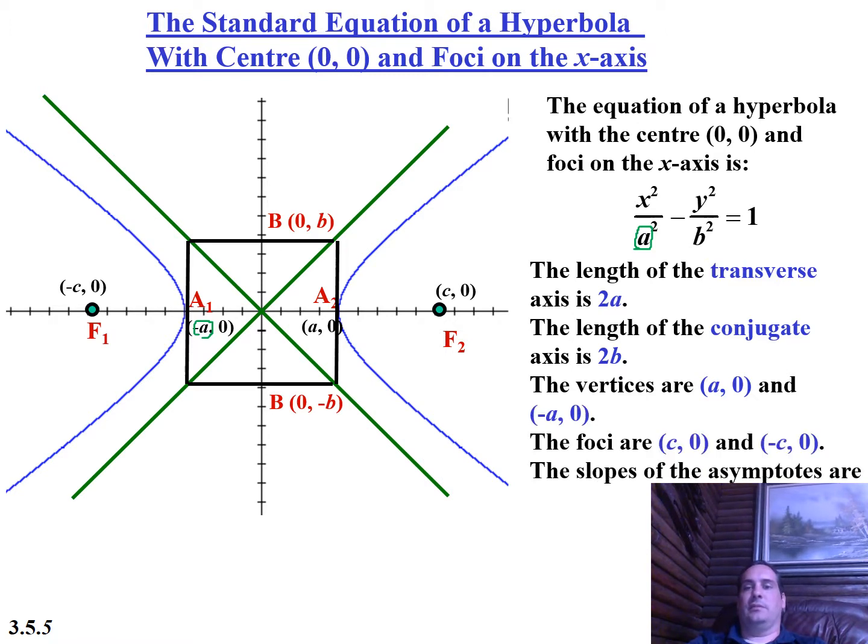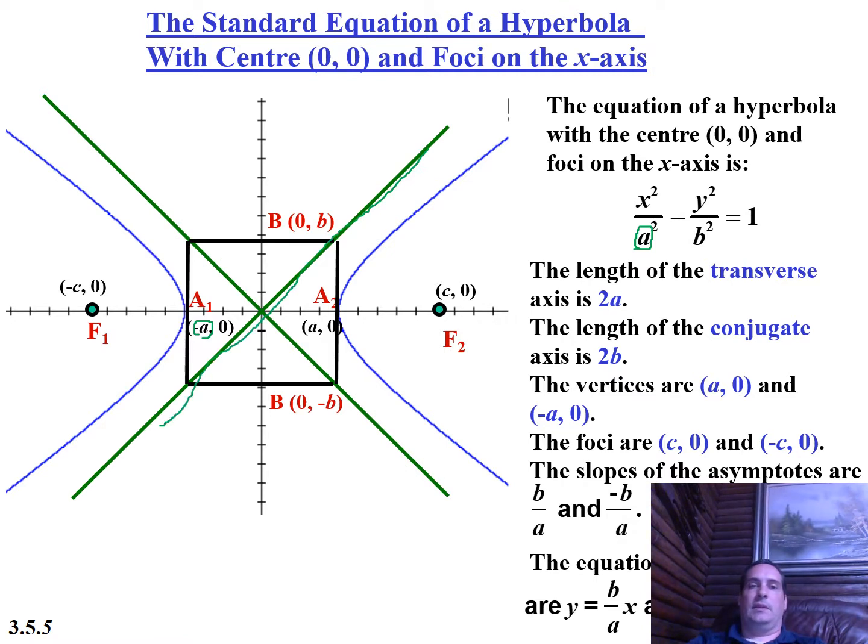We'll do a couple here in a second. The equations of the asymptotes are y equals B over A x, and y equals negative B over A x. And that's your two asymptotes coming across.